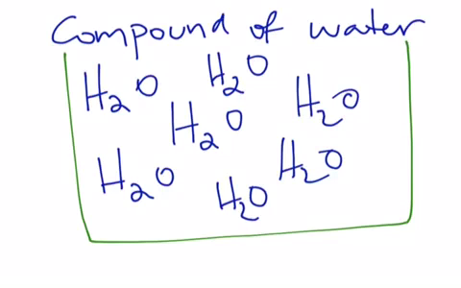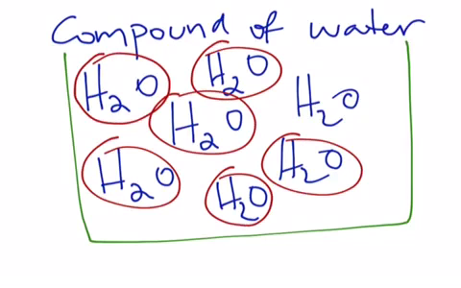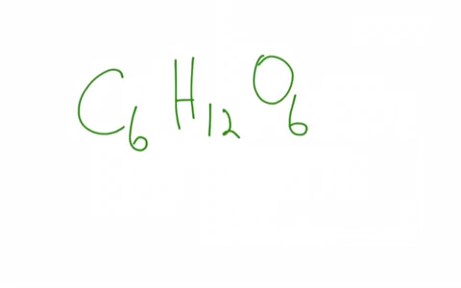And this is what we see as water, made up of millions of discrete molecules of water. So this is how we describe the compound water.